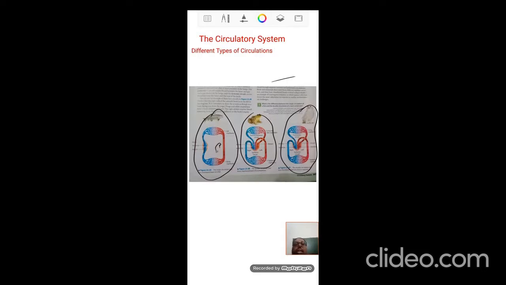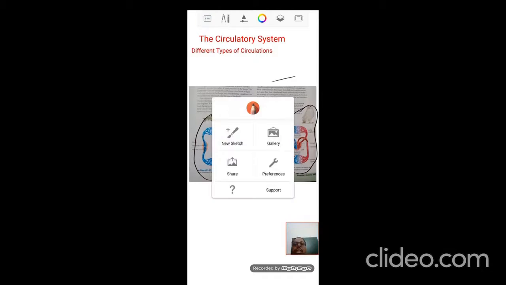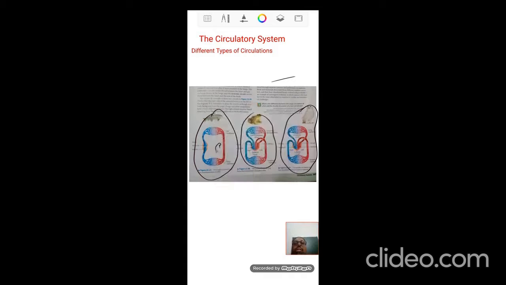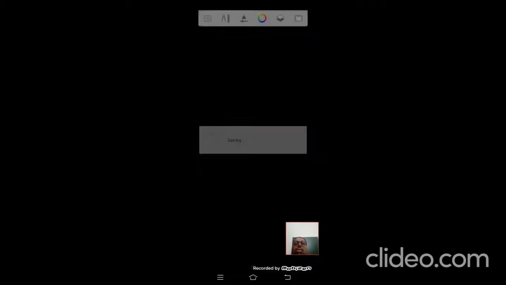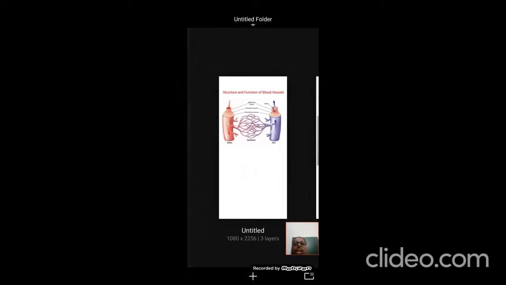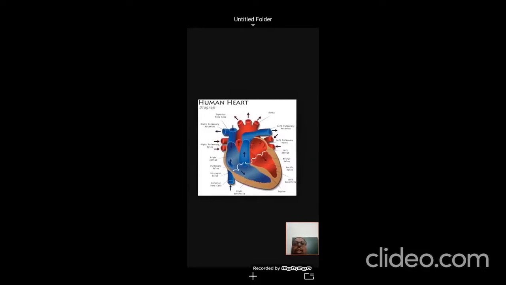Now we are going to discuss the structure of the human heart, that is, how the four-chambered heart helps us do the circulation in our body.